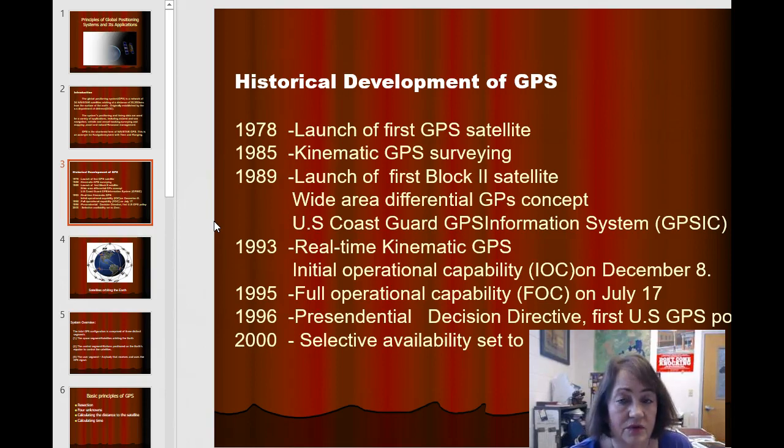The data comes to us and is processed not really instantaneously, but very close to it. So we started with kinematic, then we came up with RTK, real-time kinematic, in 1993, and selective availability was set to 0 in 2000, which, as I said, was in the Bill Clinton administration. So those were some of the landmarks in GPS.